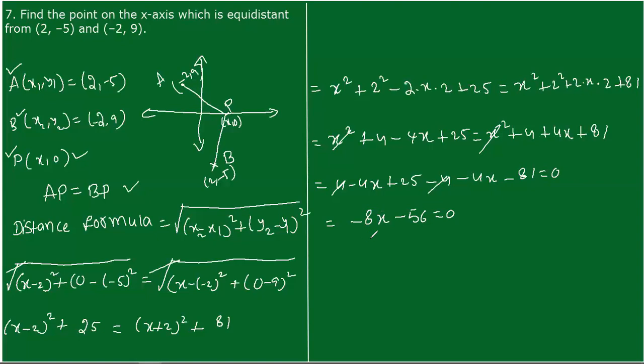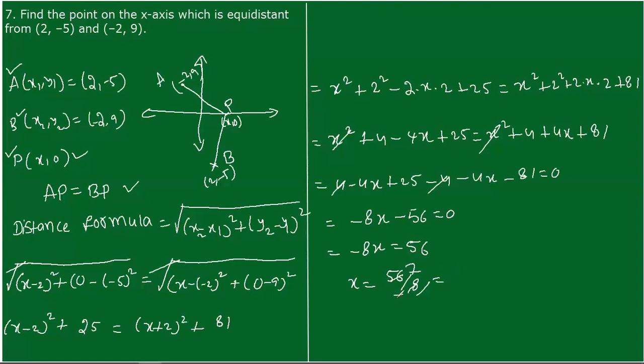So I have minus 8x minus 56. Here I want to send this minus 56 to the RHS, so it becomes minus 8x equal to 56. Eventually I have to find the x value, so x is equal to 56 by 8. I have minus also, so minus. 8 sevens are 56.